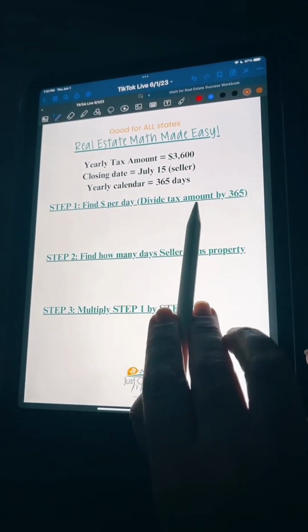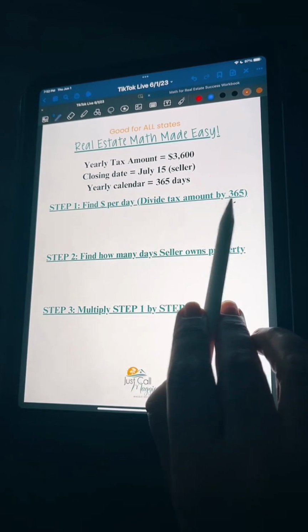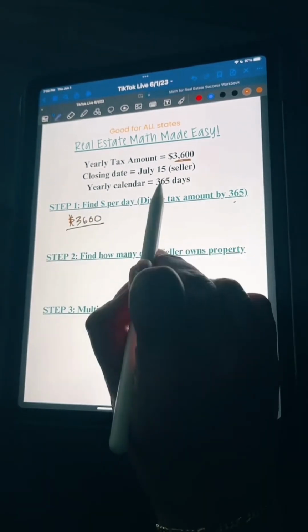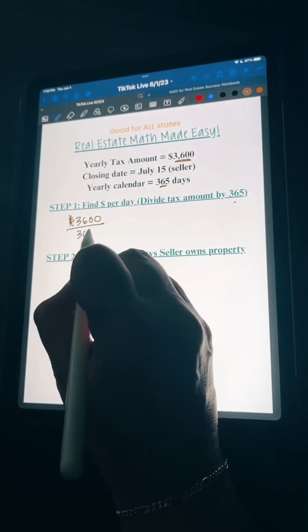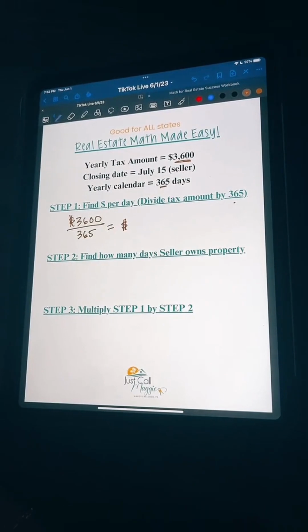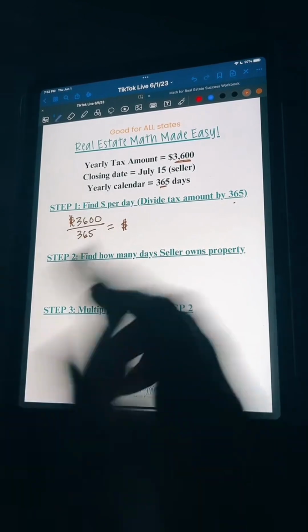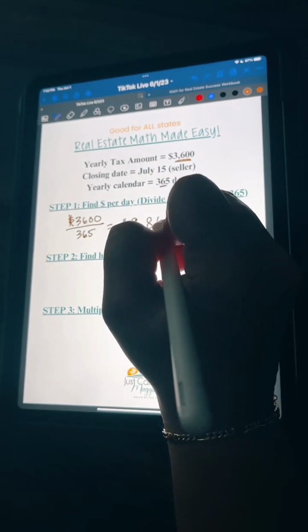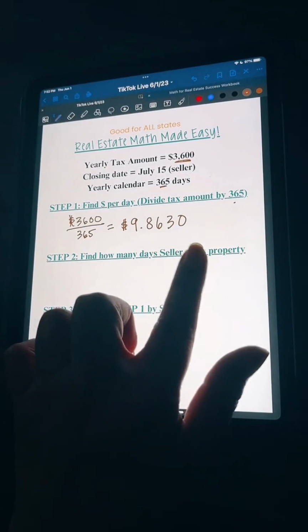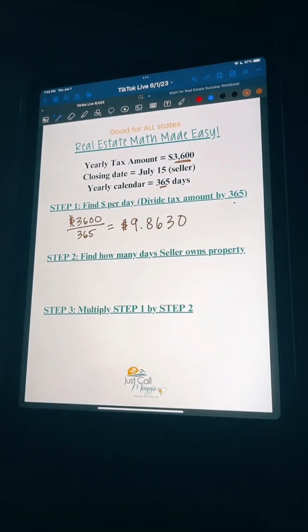So we're going to divide the tax amount, $3,600, by 365 days. And so that's going to give me my price per day. So 3,600 divided by 365 equals $9.8630. They always say to round to 4 places, so I'm going to leave it like that.